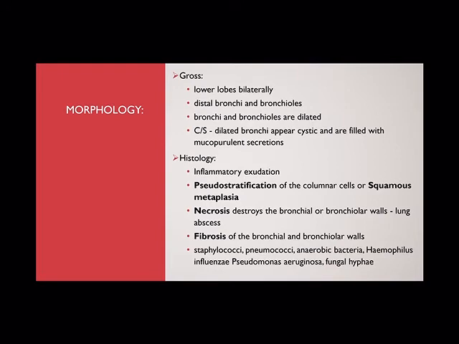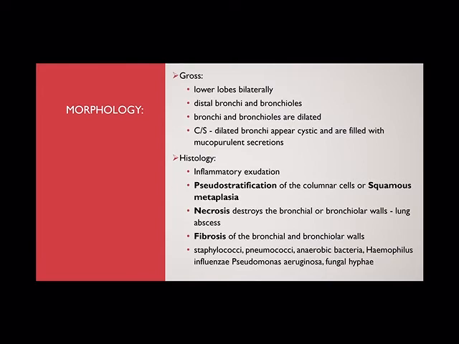Now getting into the morphology. Grossly when you look, it basically affects the lower lobes, and most importantly it affects the distal bronchi and bronchioles. Bronchiectasis mainly affects the distal bronchi and the bronchioles.